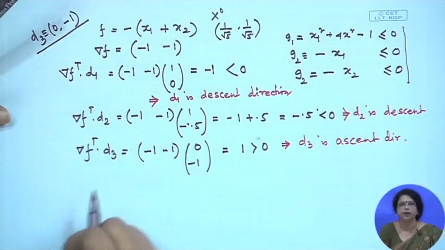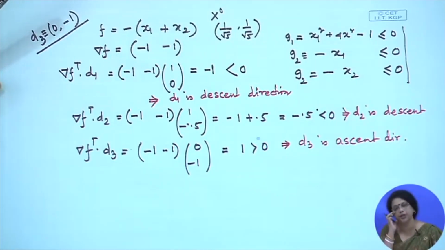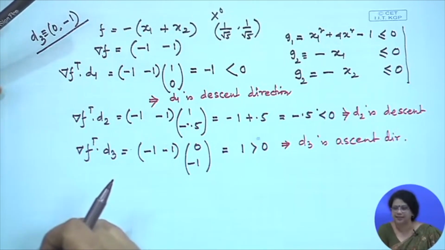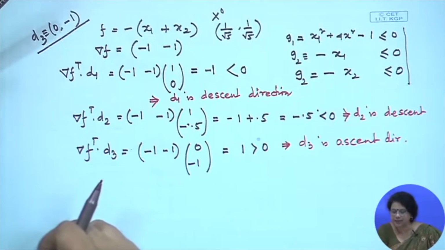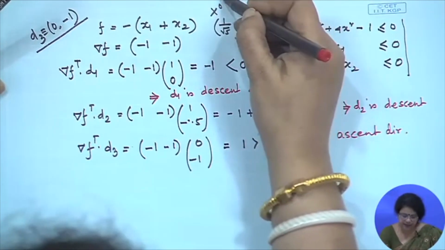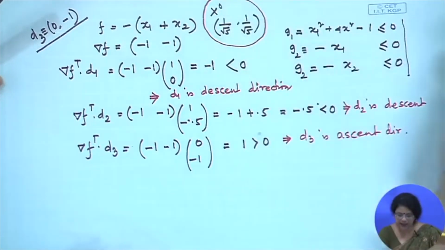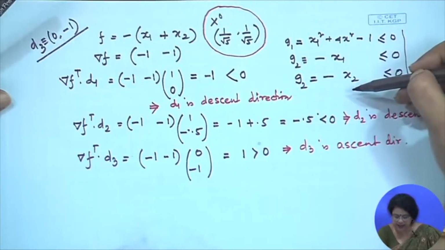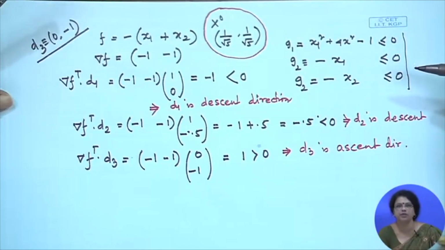All right. Now, this is all about the descent or ascent direction, but we did not say about the feasible direction yet. Now, we need to check the feasible direction. One thing is that if this point is there, let us see which are the active constraints, because feasible direction can only be defined with respect to the constraint set.